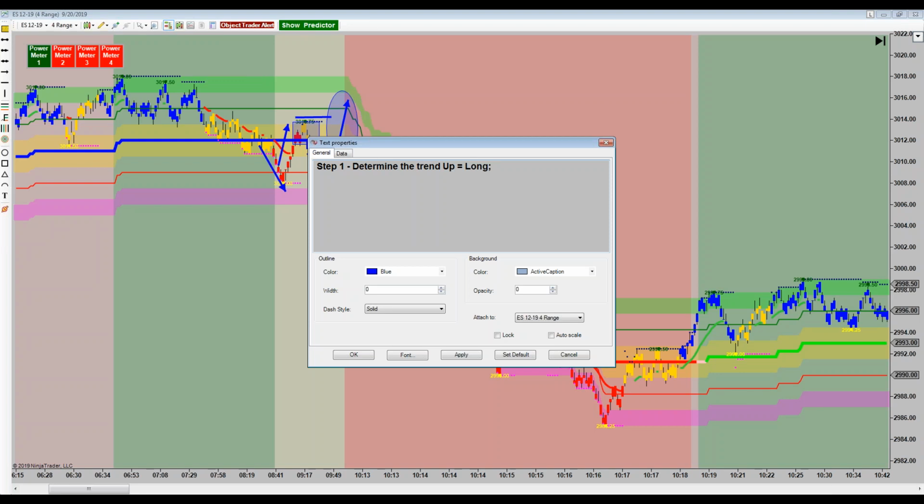And conversely, if the trend is down, you're going to be looking for shorts. And the shorts are going to be taken on retracements. Right? Number two, I'm just going to put number 2 here.